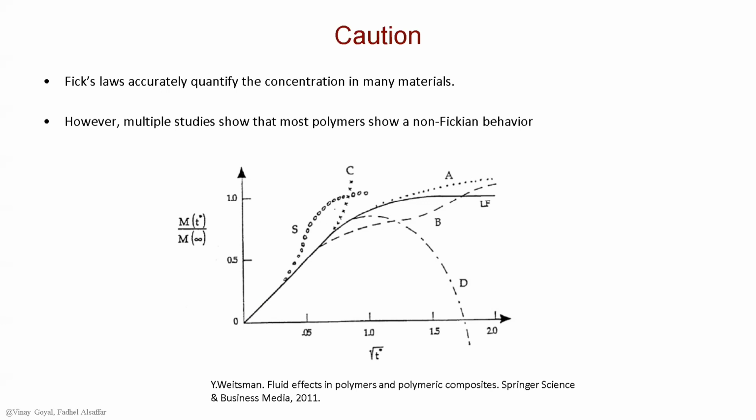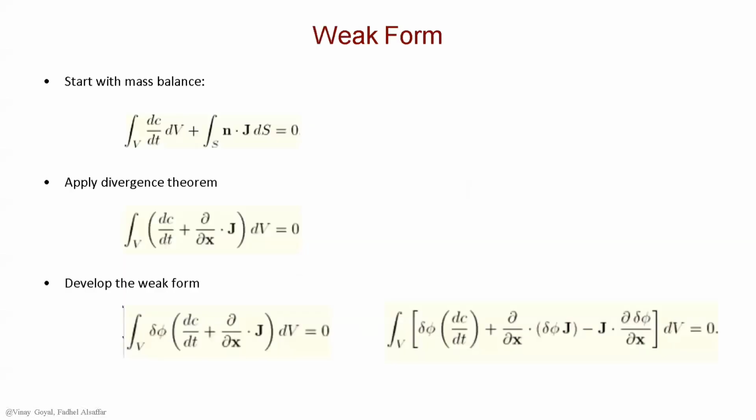LF plotted here is linear Fickian behavior, and on the y-axis is the moisture accumulation, and the x-axis is the square root of time, and the reference below provides that. You can see that curves A, B, D, C, and S are non-Fickian, while the curve LF is Fickian. So again, that's a note of caution, but today we're going to assume a Fickian behavior.